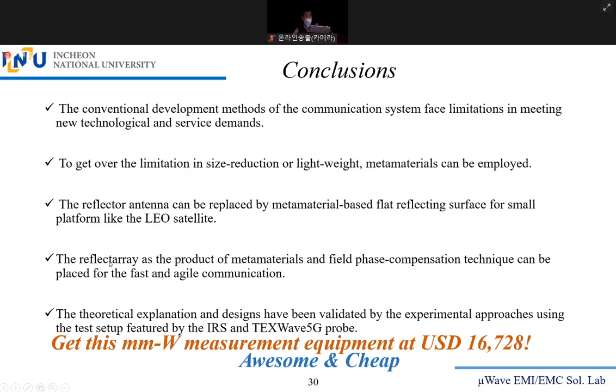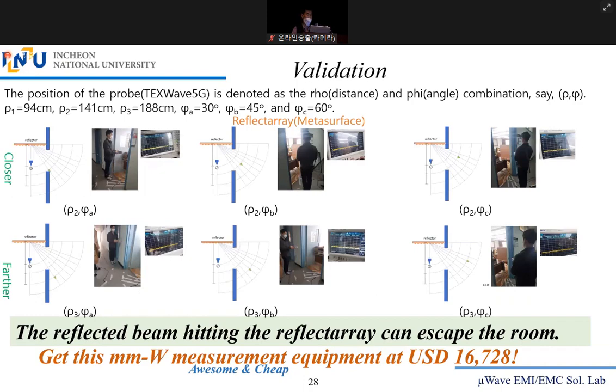So my conclusions are, get this millimeter wave measurement equipment at USD like this. Can be one of them, but I mean, don't be fooled or deceived by so-called metamaterial people or RIS people if they do not comply. Let their antennas or antenna systems comply with these kinds of experiments.